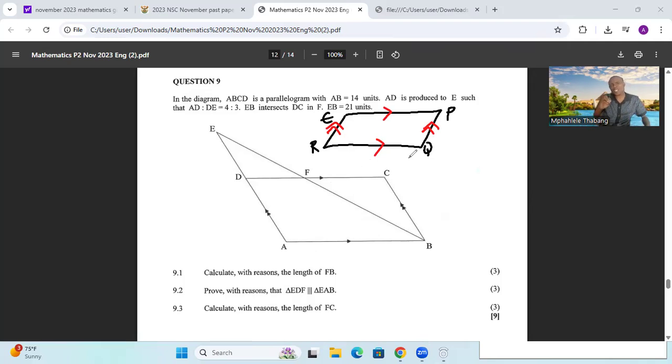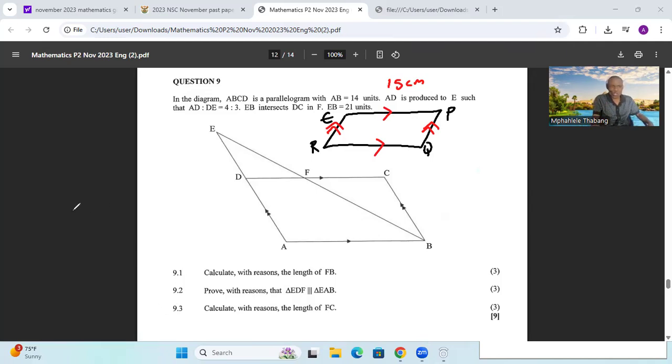Now, the opposite sides are not only parallel, but they are also equal. So if I say EP is 15 centimeters, it means that RQ is also going to be 15 centimeters, because the opposite sides of a parallelogram are parallel and also equal. So we can say EP is equal to RQ.